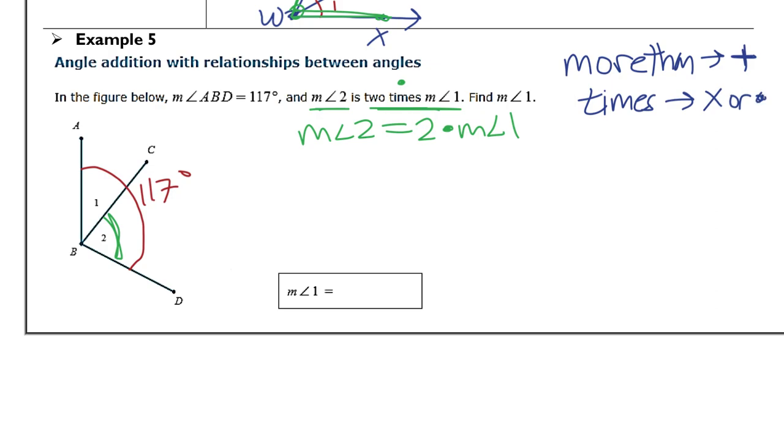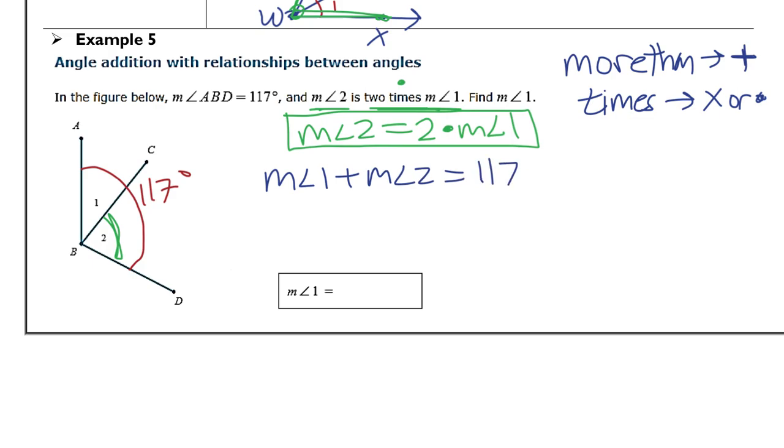Okay, so this is a key step. If I was asking you on a test, this is what you would need to write down as your first step. Now, we do know that angle 1 and angle 2, from above, that angle addition, angle 1 and angle 2 is this whole angle here. So what I'm going to do is say that the measure of angle 1 plus the measure of angle 2 is equal to the entire thing of 117 degrees.